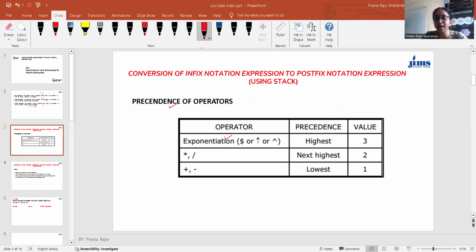The next highest is the multiply and divide operators. And the least priority is of plus and minus. This has to be understood and memorized while we try to convert infix to postfix expressions.